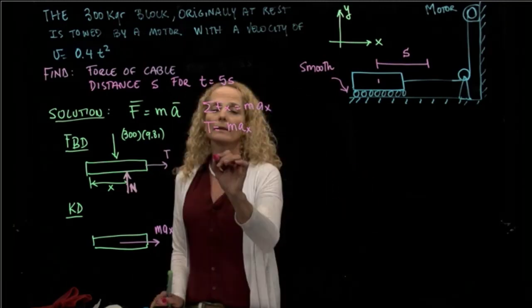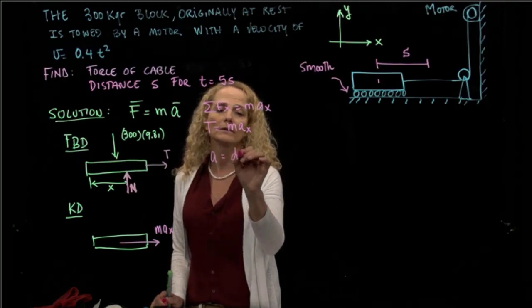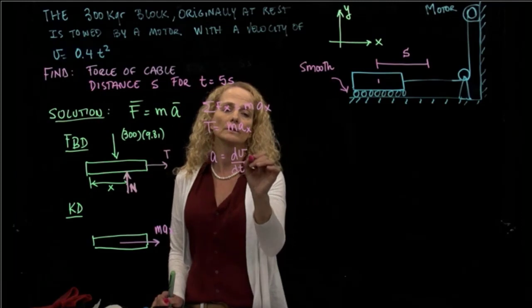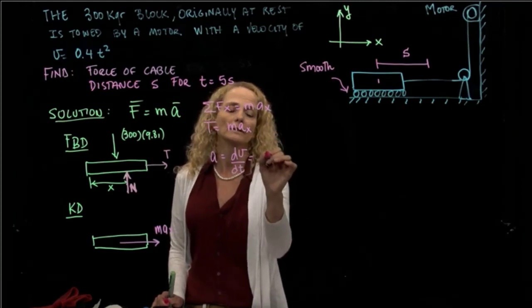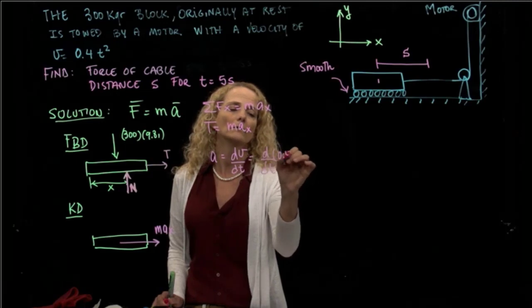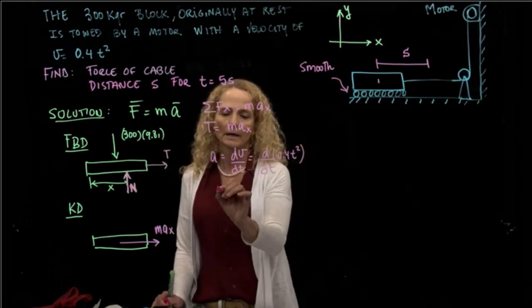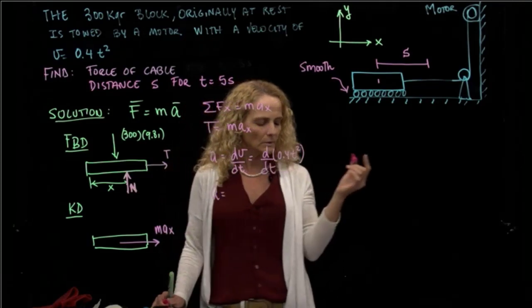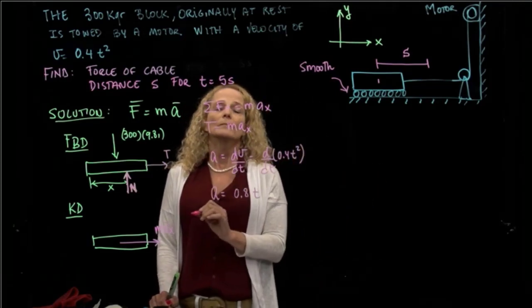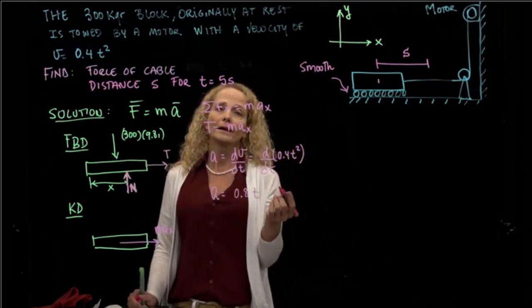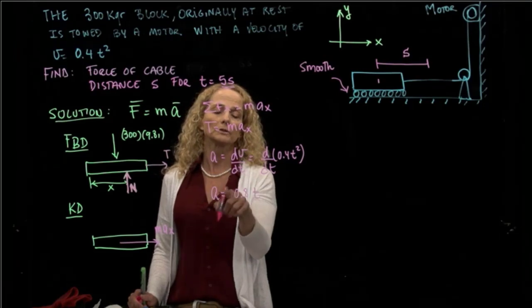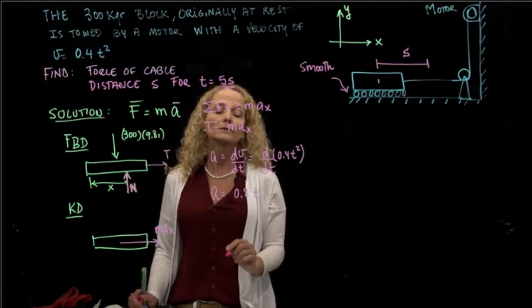We know that the acceleration is the derivative of the velocity with respect to time. Since we are given the velocity, the acceleration will be the derivative over time of 0.4t squared. That is, the acceleration is equal to 0.8t. And we want to find that tension for 5 seconds, and we have the expression of that acceleration in terms of time.